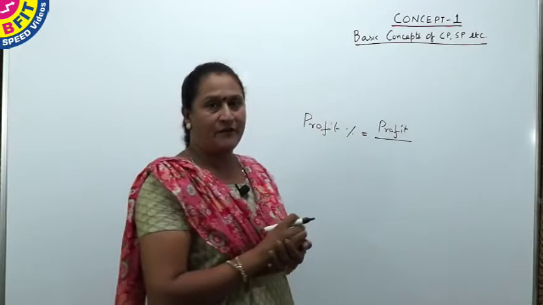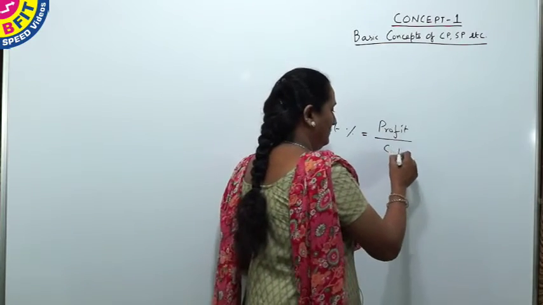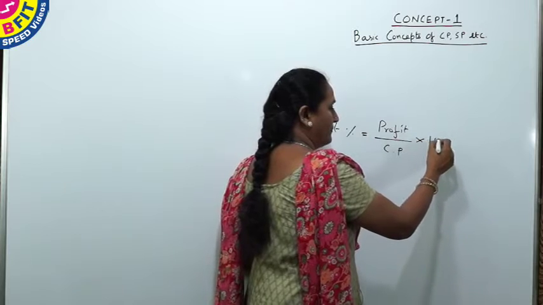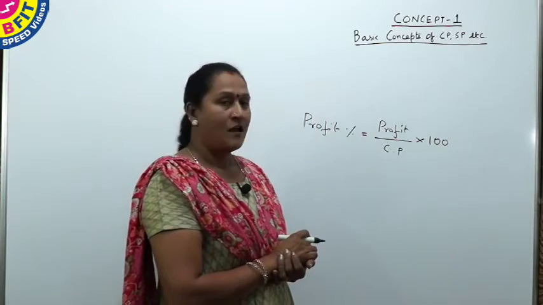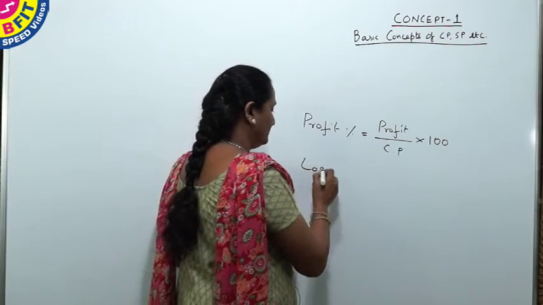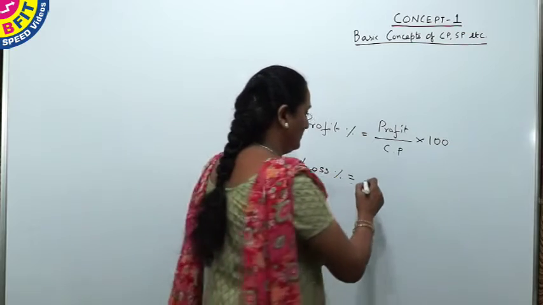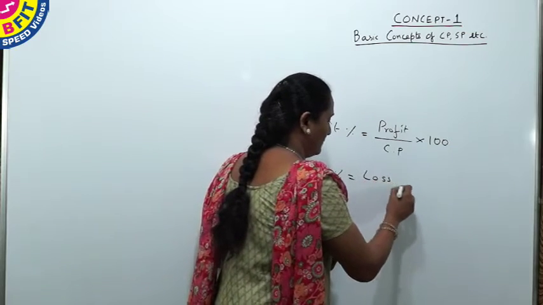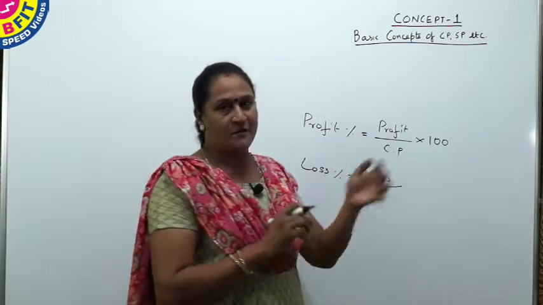So to find the profit percent, divide the profit by cost price into 100. So we get the profit percent. And if loss percent is asked, the loss value... so for profit percent it is profit by cost price into 100.